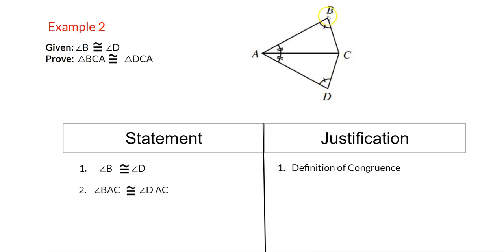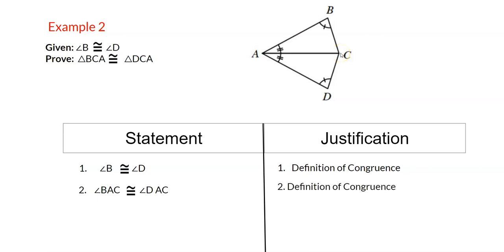I also know that BAC, this angle I'm speaking of, and since I can't just say angle A because we actually have two angles at A, that's why we have to name it BAC, is congruent to DAC, because of the definition of congruence.